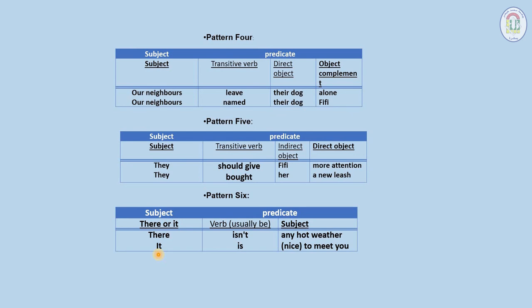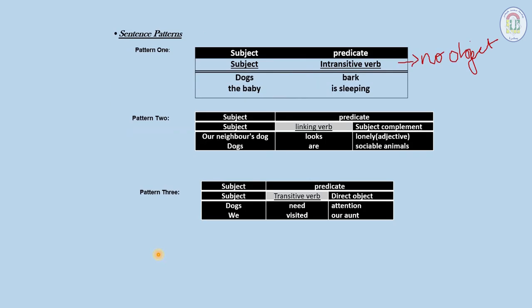If they are questions, we invert only the verb and subject, but the rest will stay as it is. The subject is a subject, the object is an object, and the verb is a verb. So no change in this. It is just a question of inverting the subject with the verb, or sometimes I add the auxiliary do. So the patterns of English, there are 6. They are just different shapes that the sentence can take.